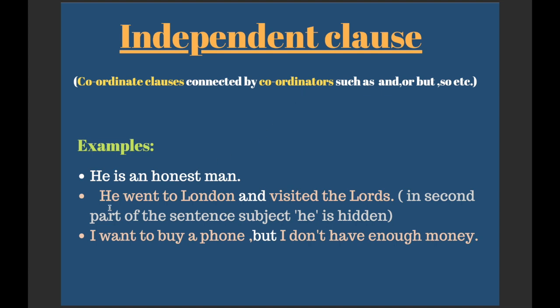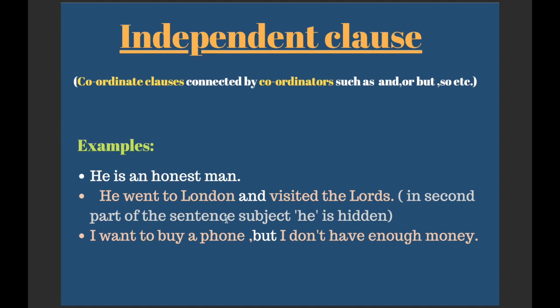Let's take the example. He is an honest man. Now this is without any coordinator. This is a single clause. Let's take another one. He went to London and visited the Lords. Now here, see, he went to London is the first clause and visited the Lords is the second clause. Actually the complete sentence is he visited the Lords. They are mentioned here in the braces.